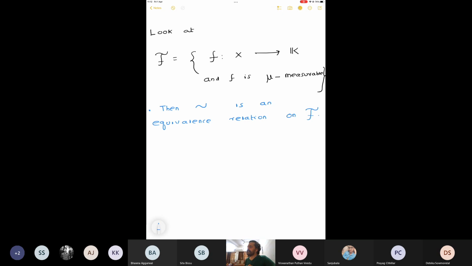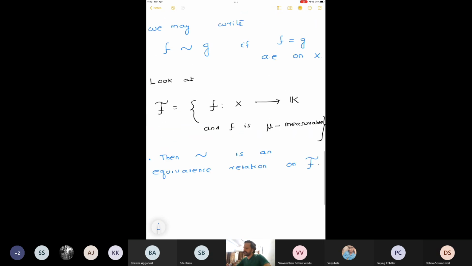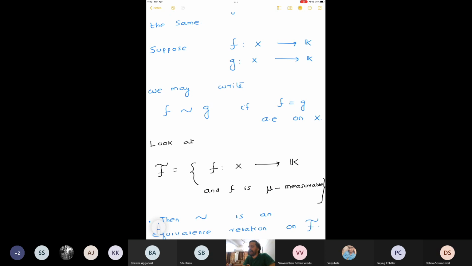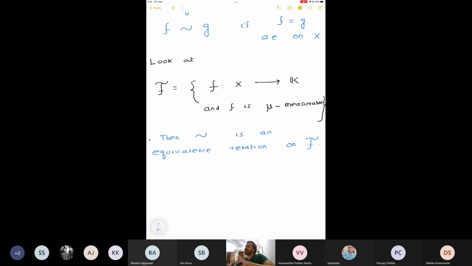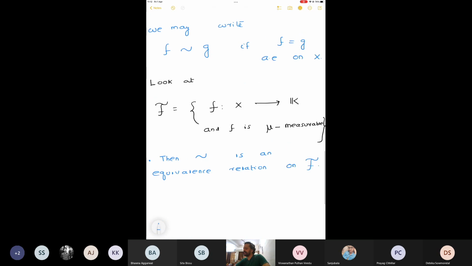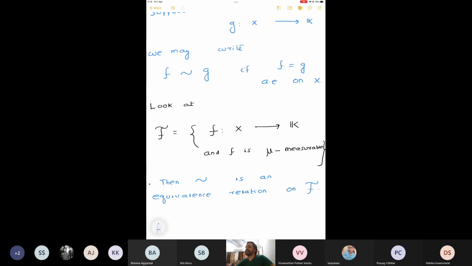Any function is related to itself under the relation that I have defined. If you want F is related to F, what you want is that F equals F almost everywhere. Is that true? Yes, sir. In fact, F is equal to F everywhere on X, right? Now, if F is equal to G almost everywhere, then G is equal to F almost everywhere. The only thing slightly non-trivial is transitivity.